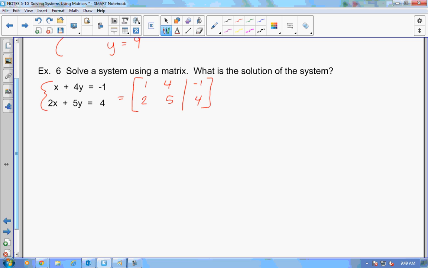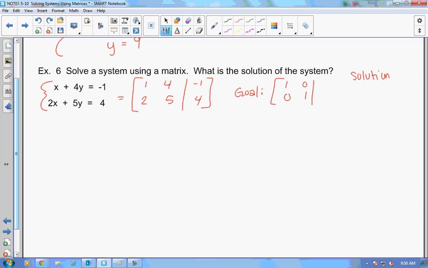Okay, our goal is to get it in the form like this. 1, 0, A, 0, 1, B. Where A and B are our solutions. Actually, maybe we'll just call them x and y, because it's a point instead of AB.